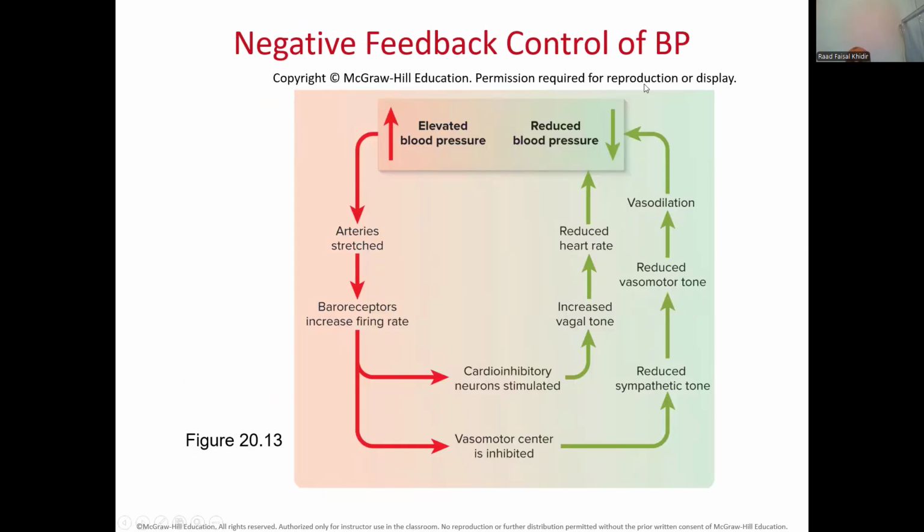If you look here, if the blood pressure is elevated, the beta receptors, you see where my mouse is, are going to increase the firing, and that's going to go to the cardio-inhibitory center. I'm going to depress the blood pressure by increasing the vagus, and you know the vagus is a depressor.